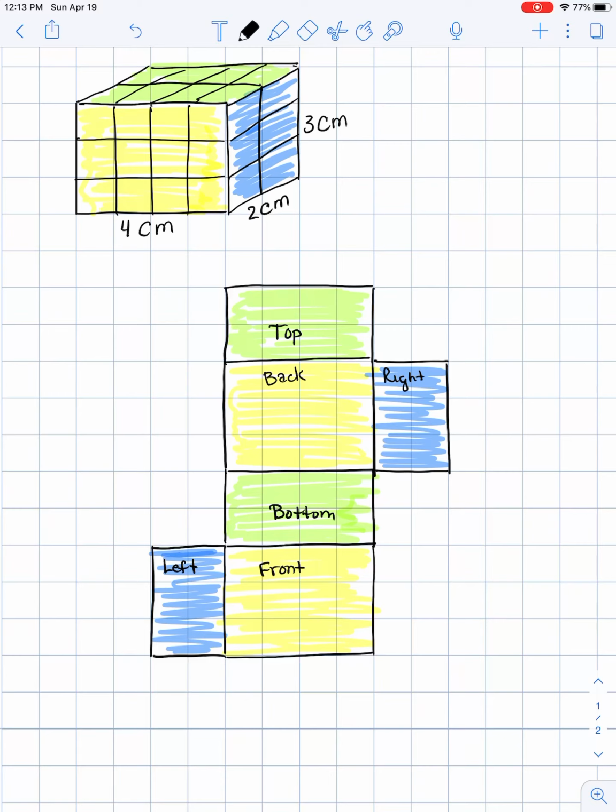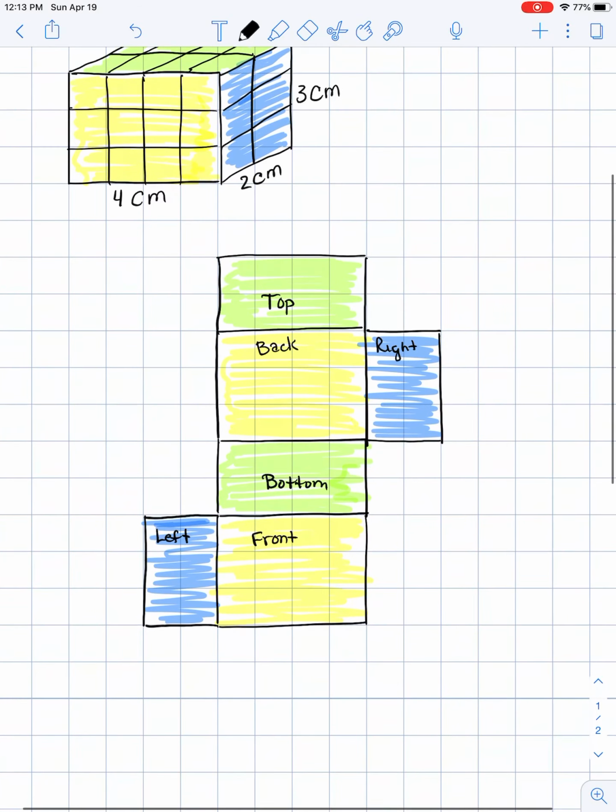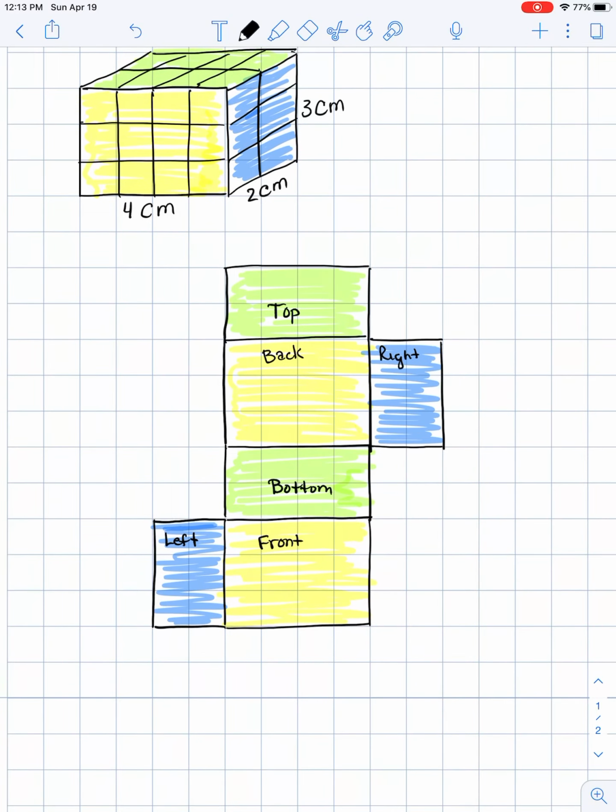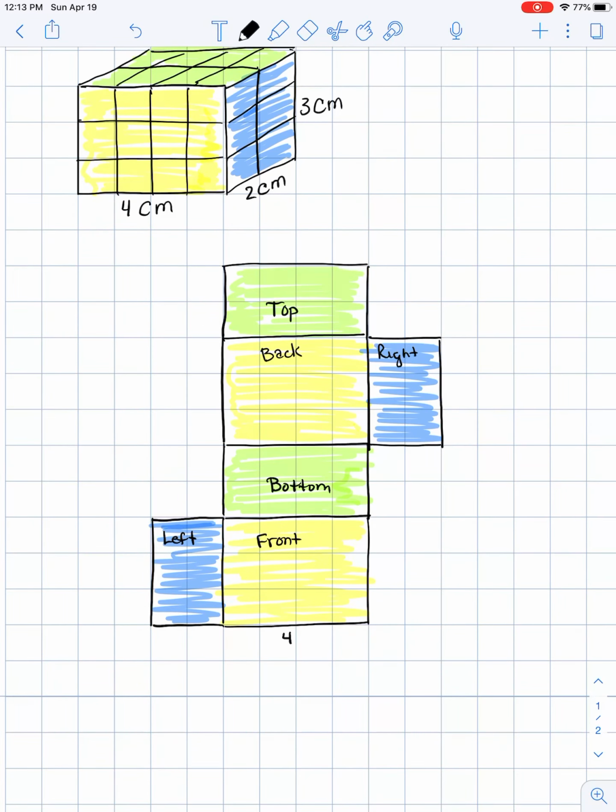Let's take the front. If you can see, the front is 4 centimeters by what? Well, by the blue it says 3 centimeters over here. If this is 3 centimeters, this has to be 3 centimeters because they're opposite sides of a rectangle. And this has to be 3 centimeters as well.